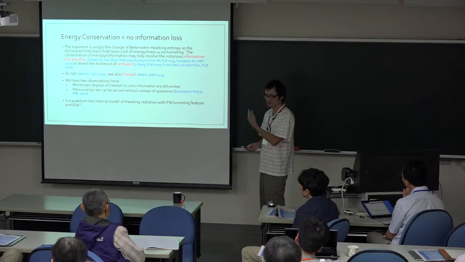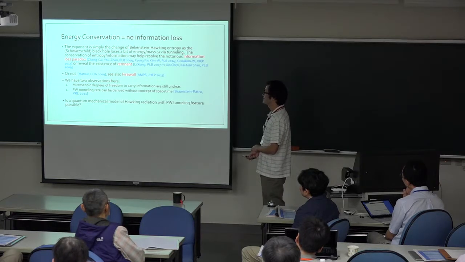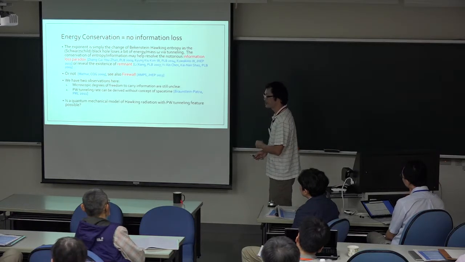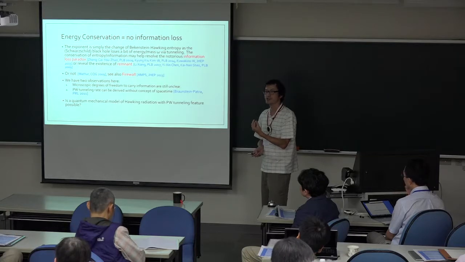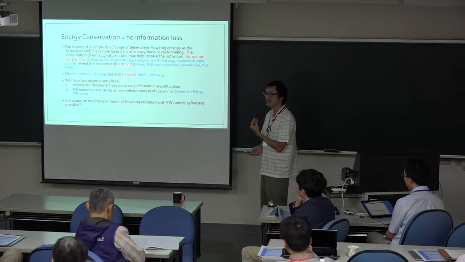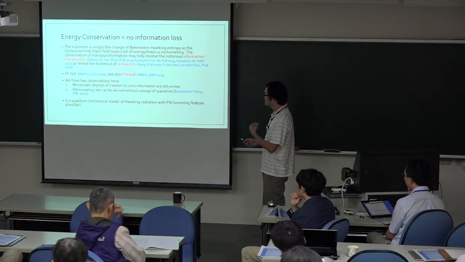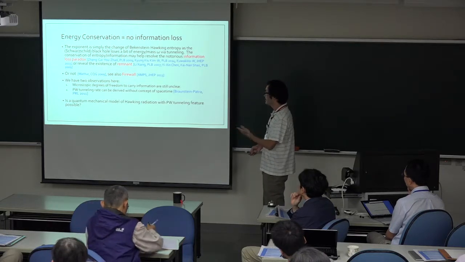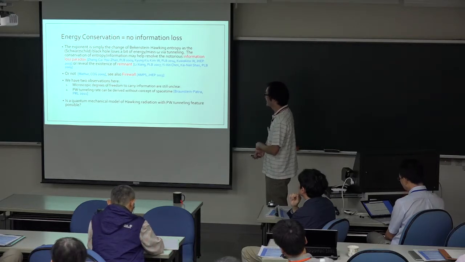For example, there's a bunch of other scientists who argue that this kind of minor or small correction to the entropy actually cannot really resolve the information paradox. And of course, there's a more recent activity initiated by Polchinski and their group, the AMPS.